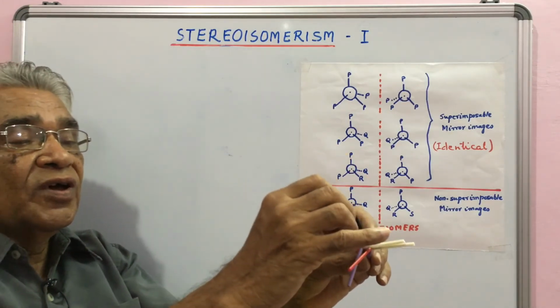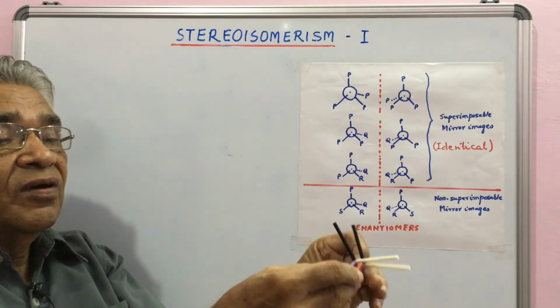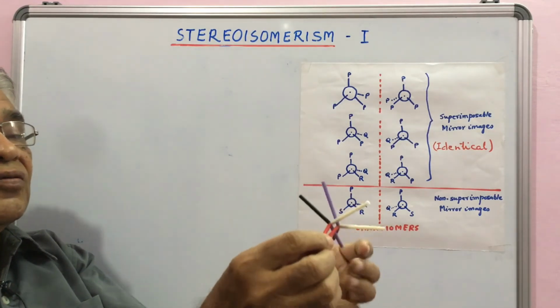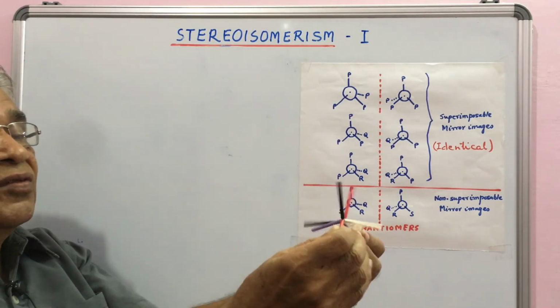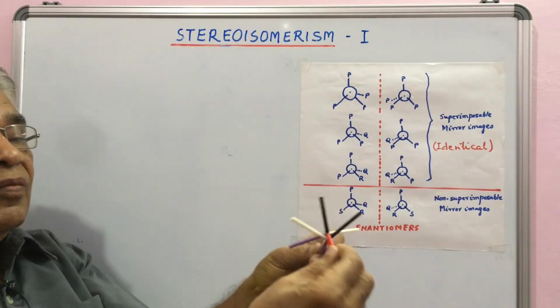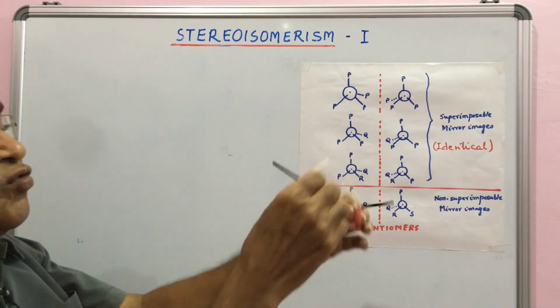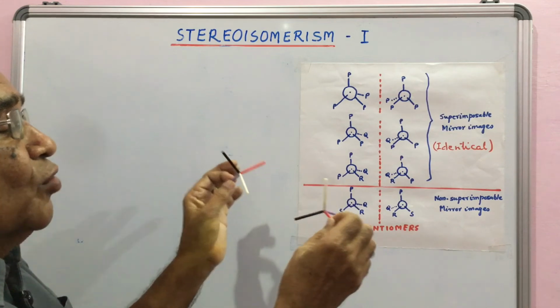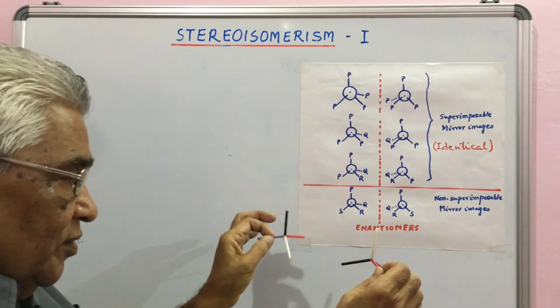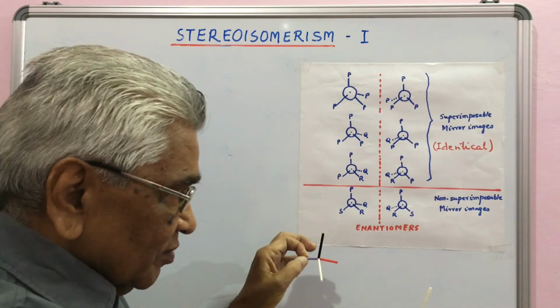If you bring them over here, there is difference here. Or if you change this way, again there is difference. They are not superimposing. Because they cannot superimpose, it means they are two different identities, two different isomers.